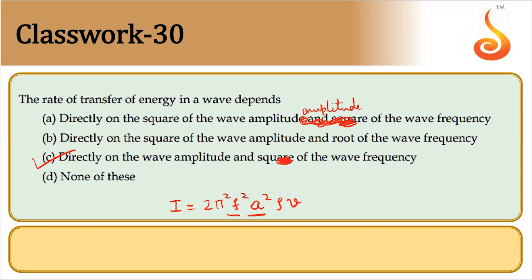See, here I had written this formula, intensity is 2 pi square f square a square rho v. So rate of transfer of energy is nothing but intensity only. So it depends on square of frequency and square of amplitude. That must be option A.